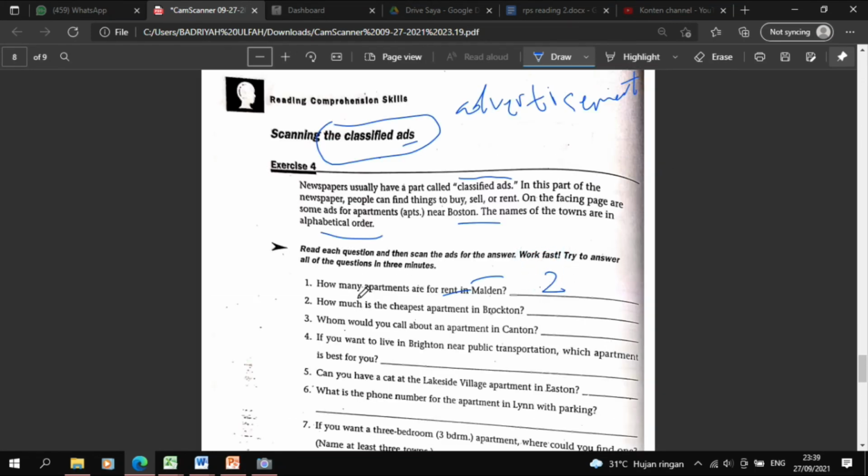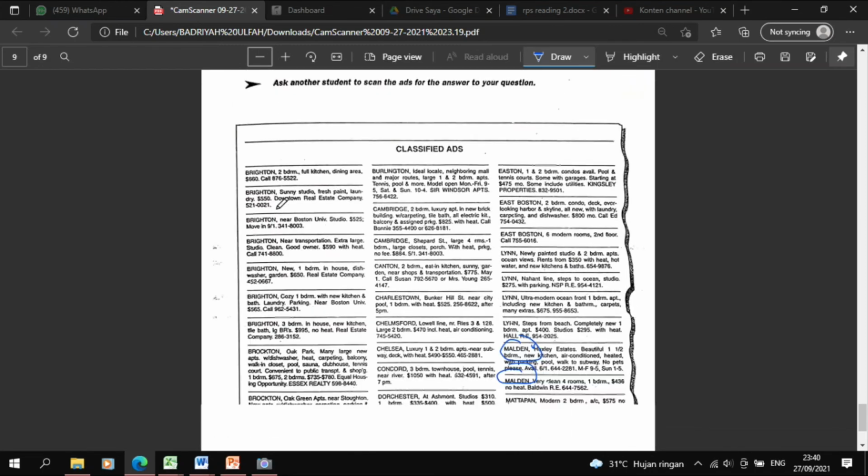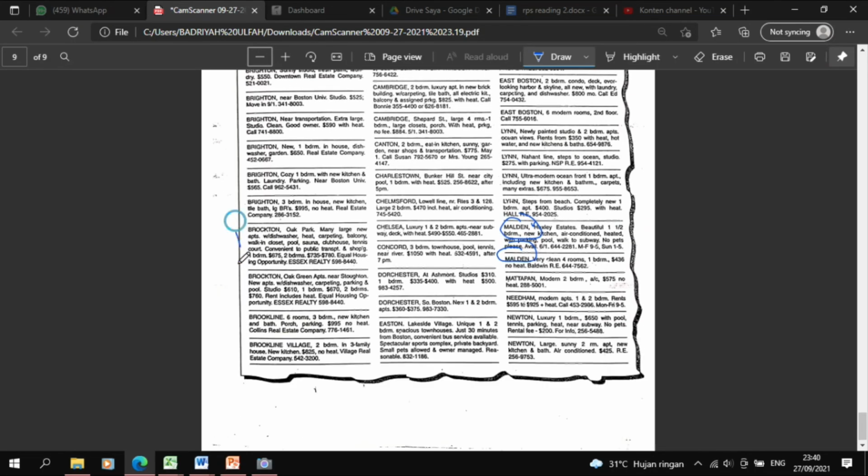Now, how much is the cheapest apartment in Brockton? So you read Brockton. How much is the cheapest? Brockton, Brockton, you go. Okay, so this one, Brockton. Only two.